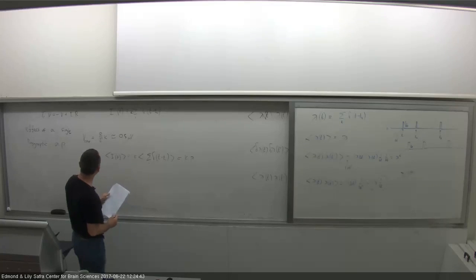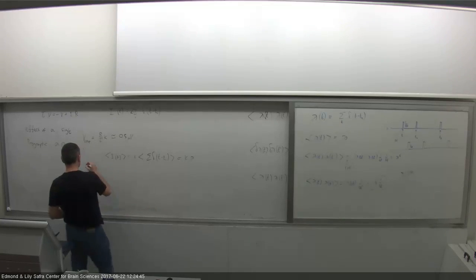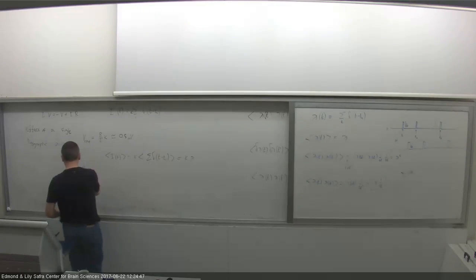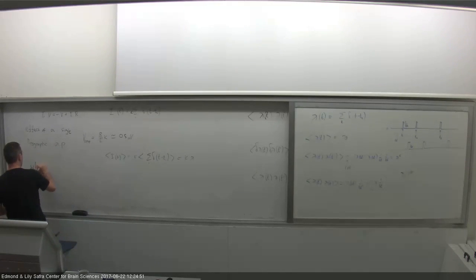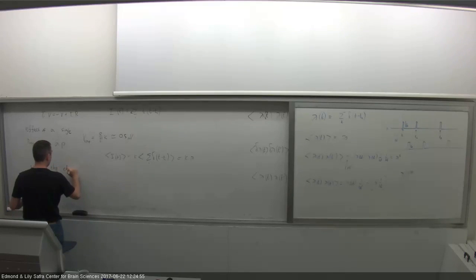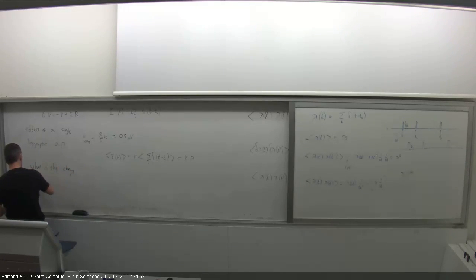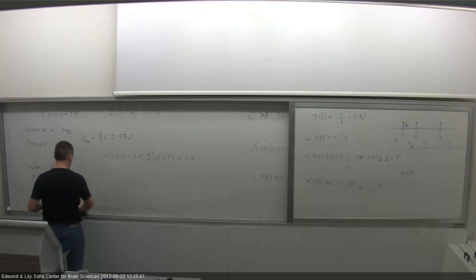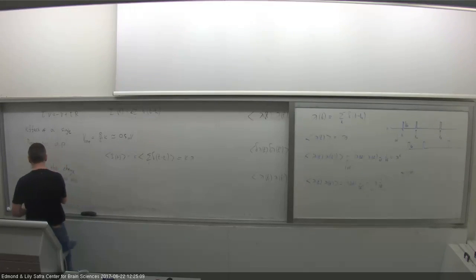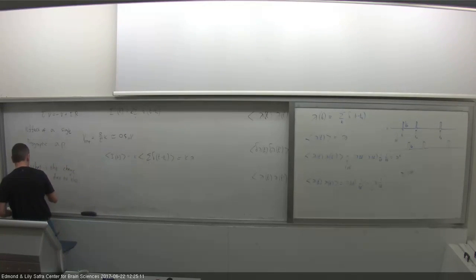So what is the expected change in membrane potential due to the average input, due to the DC component, if you like?